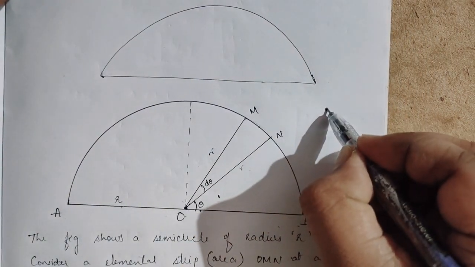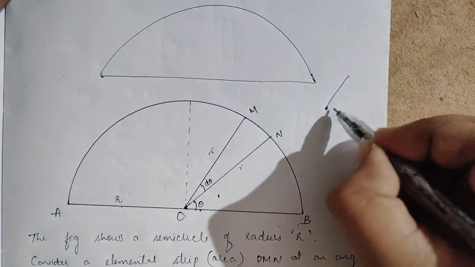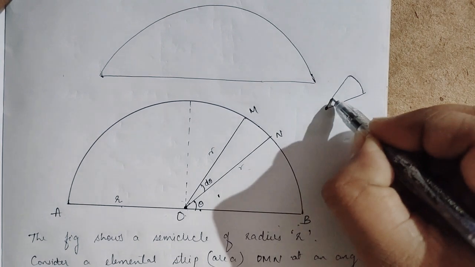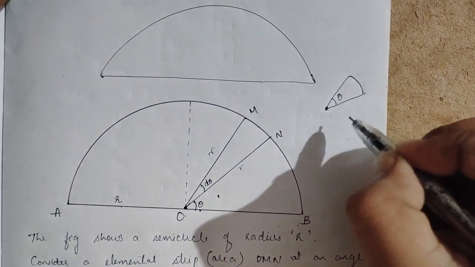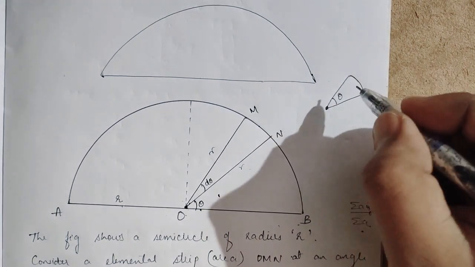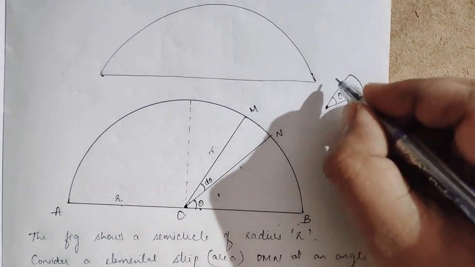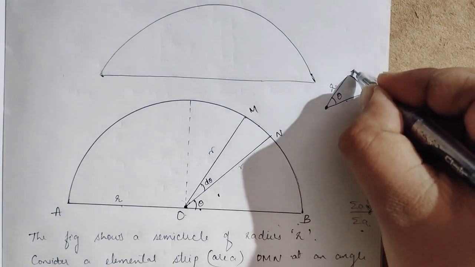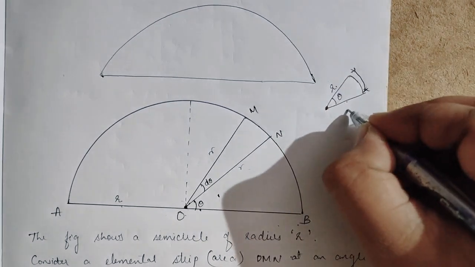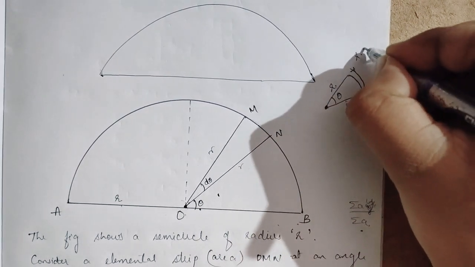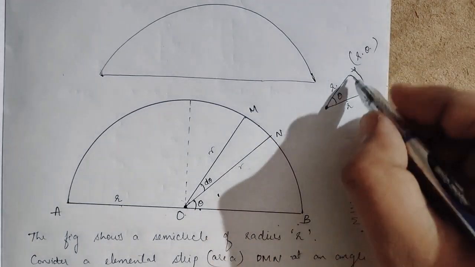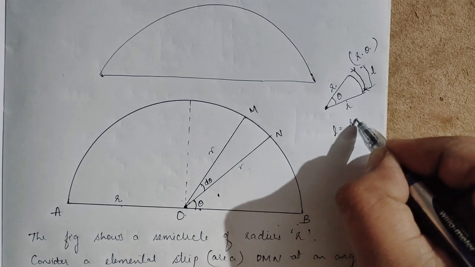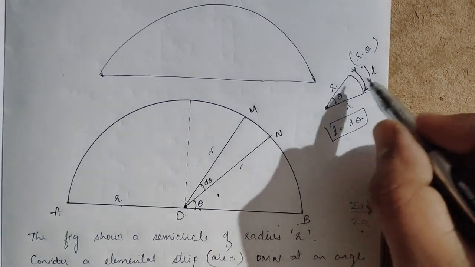Just remember this when you come across this type of problem. A center is there with a radius, and here is one arc. If it makes an angle theta, and this is r, then the length l of this arc will be r into theta.